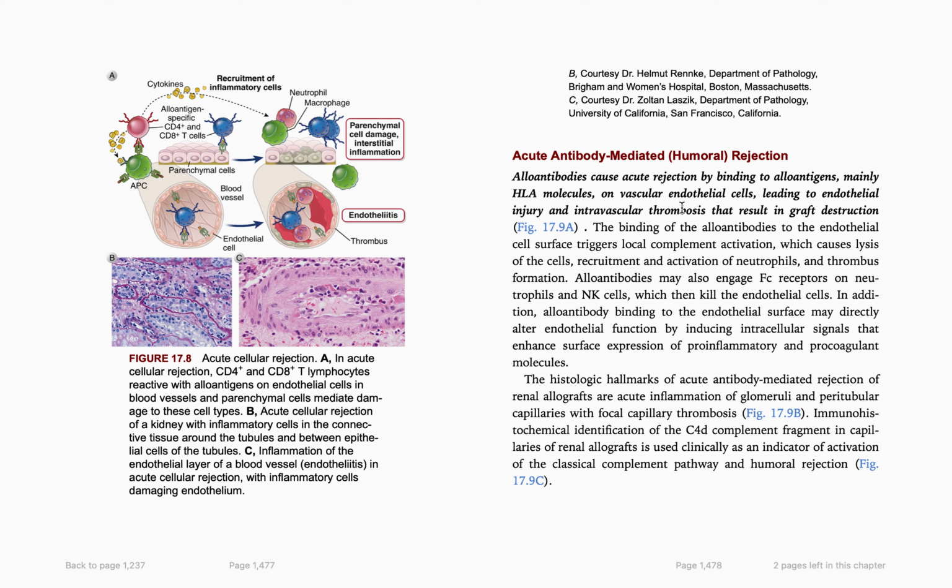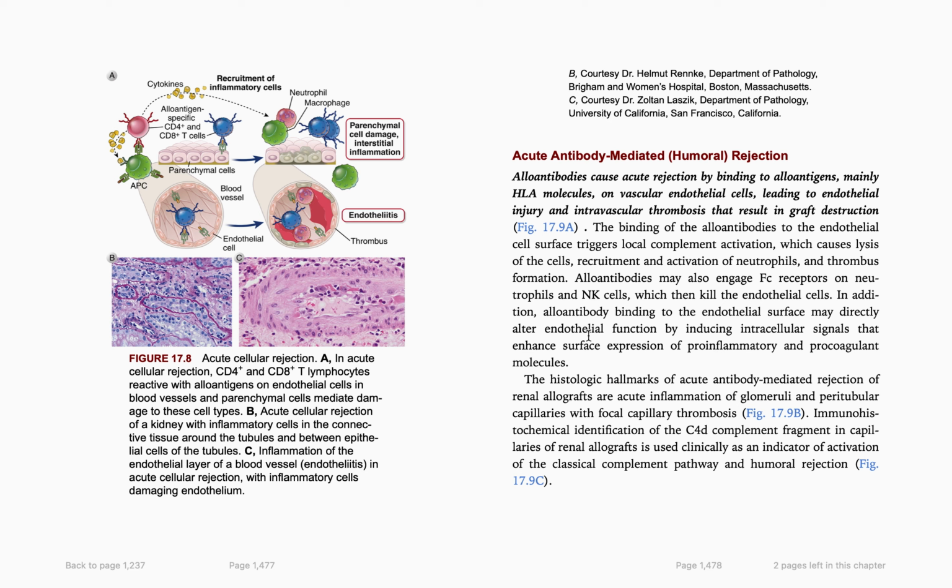Acute antibody-mediated humoral rejection. Alloantibody causes acute rejection by binding to alloantigens, mainly HLA molecules, on vascular endothelial cells, leading to endothelial injury and intravascular thrombosis that result in graft destruction. The binding of alloantibodies to the endothelial cell surface triggers local complement activation, which causes lysis of the cells, recruitment and activation of neutrophils, and thrombus formation.